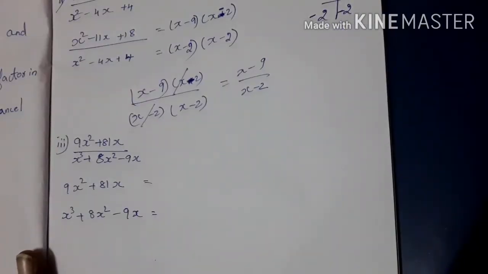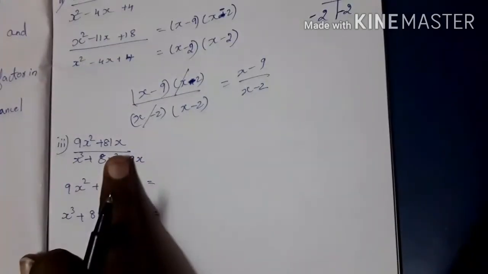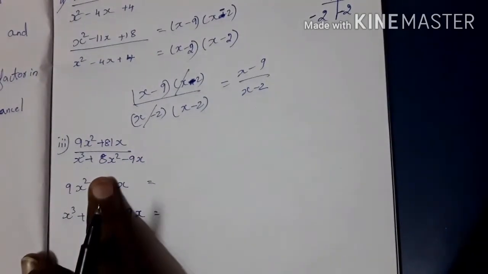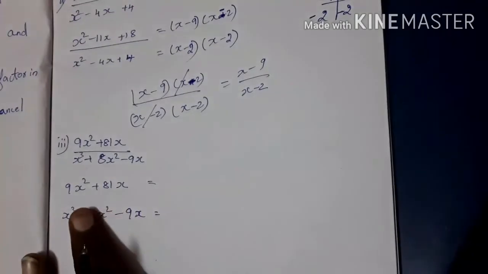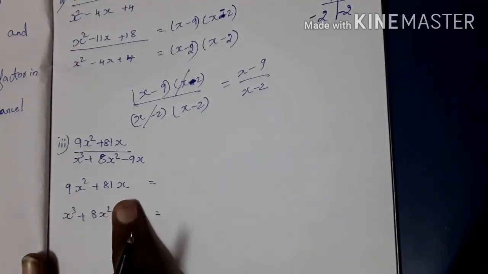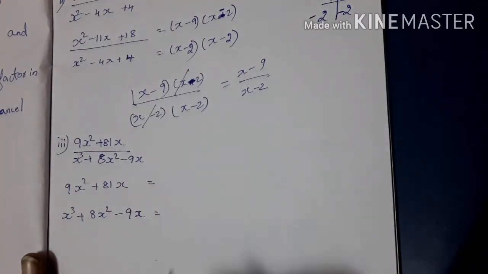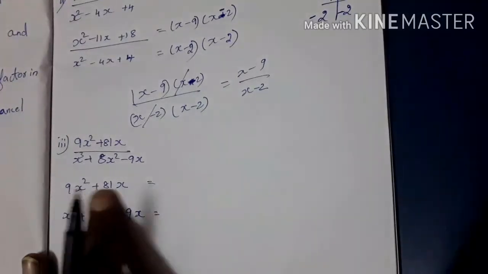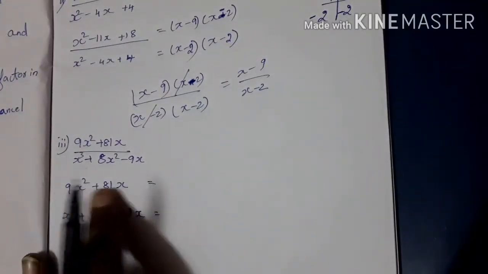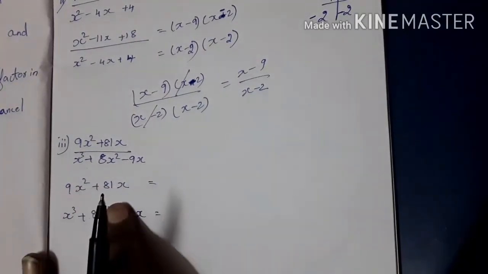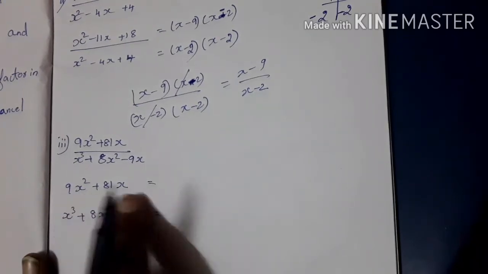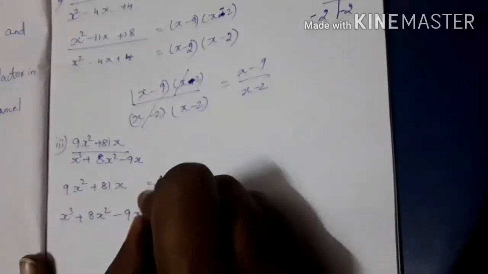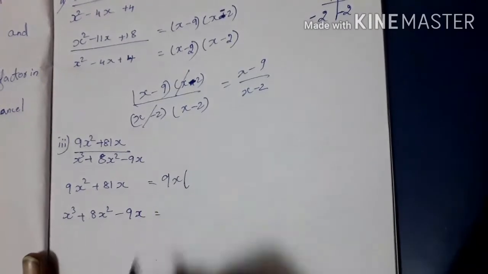Next we will see the third question: 9x squared plus 81x divided by x cubed plus 8x squared minus 9x. First we will see 9x squared plus 81x. What can we take as common? Both have multiples of 9, and 9 and 81 are multiples of 9, and we have x also. So I take 9x as common.